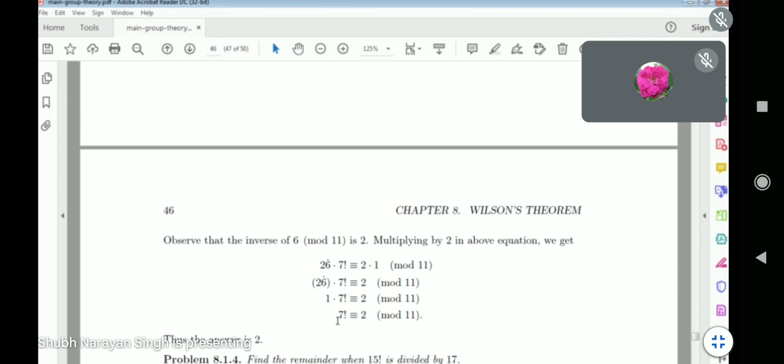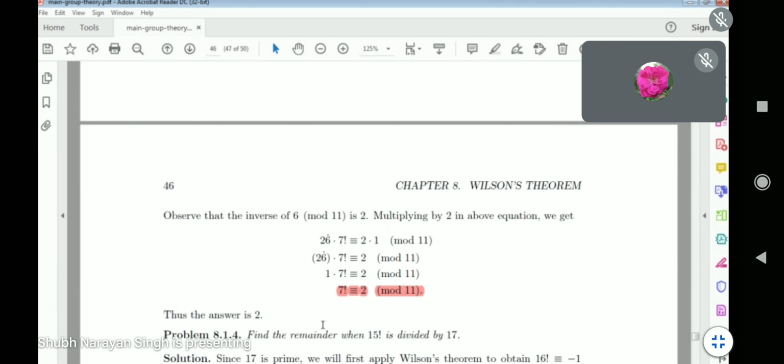So 7 factorial gives the remainder 2 when divided by 11. So your answer is correct. Your manual answer also matches this answer.